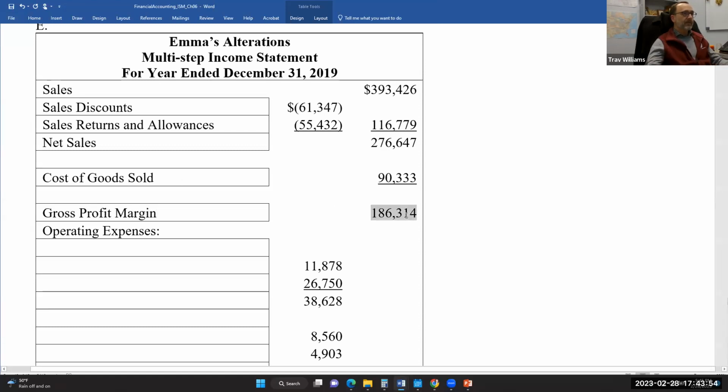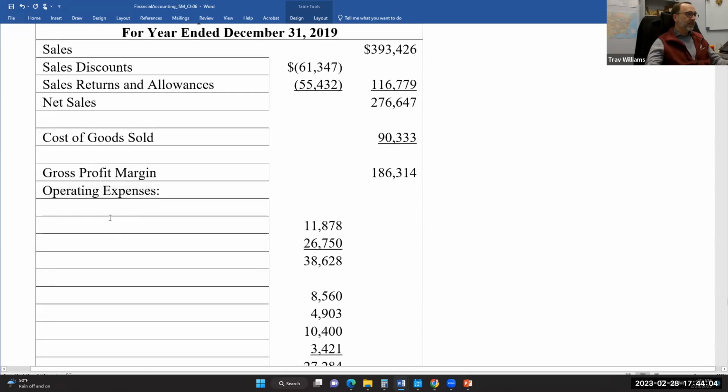Okay. And then from that, we're going to subtract our operating expenses, and that's separated into two categories. So this whole section is operating expenses. The first category is selling expenses. Okay. And then at the bottom of that, we're going to have total selling expenses. Oh no, I'm sorry. It goes right here, total selling expenses. Okay, that's going to be this total.